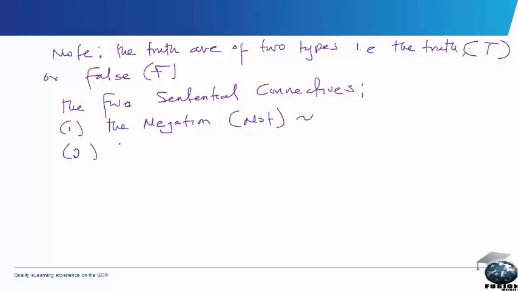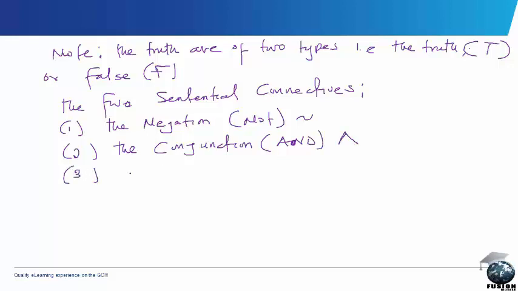Two, the conjunction or the and, represented by an inverted cap, an inverted V. And number three we have the disjunction, or what we call the or, having a symbol looking like a V.